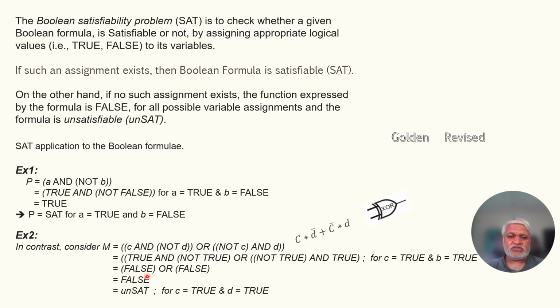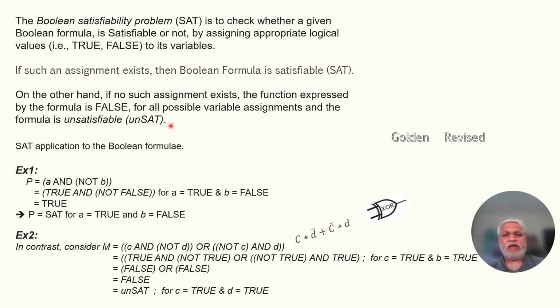So the resulting logic value is false. That means it is unsatisfiable for these values. What it means is that this expression is unsatisfiable. Hence we will say that the functions C and D are equivalent.